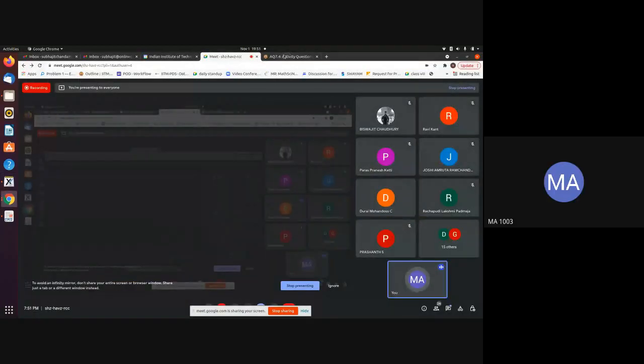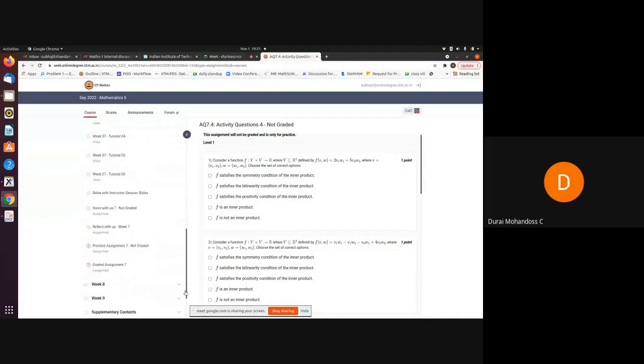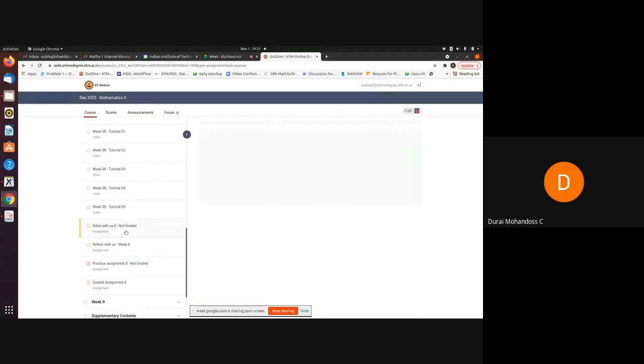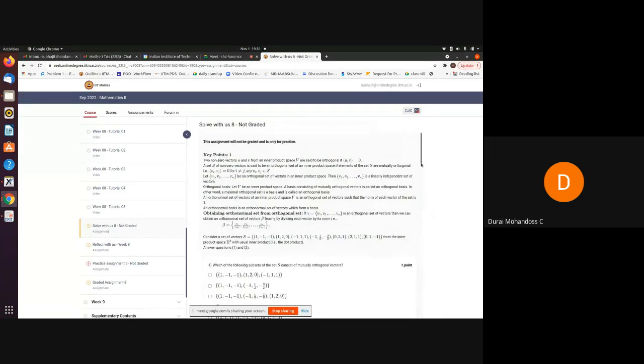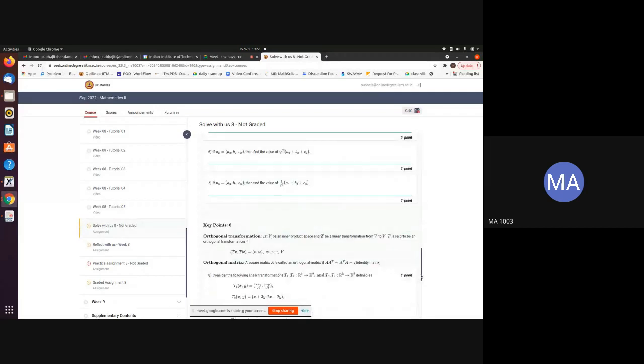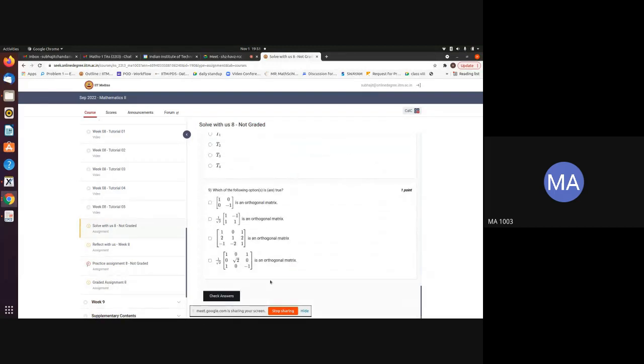In the activity questions, do you have any? Yeah, we can solve with us. Solve with us, question number 8, I think. Take that. Solve with us, question number 8, is it? Okay. Correct. This one, right?